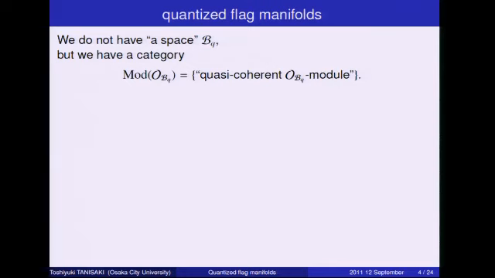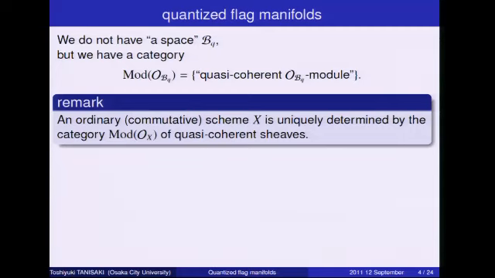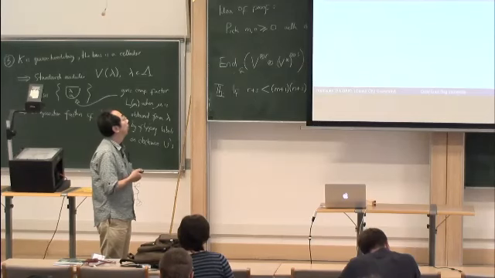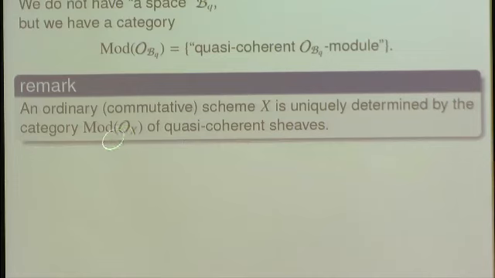I think the main point in defining objects in non-commutative geometry is the following. In the ordinary case, an ordinary commutative scheme is uniquely determined by the category of quasi-coherent O_X modules.